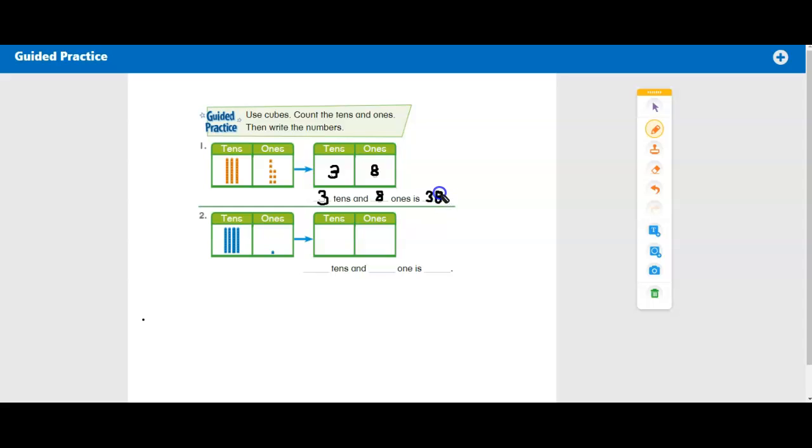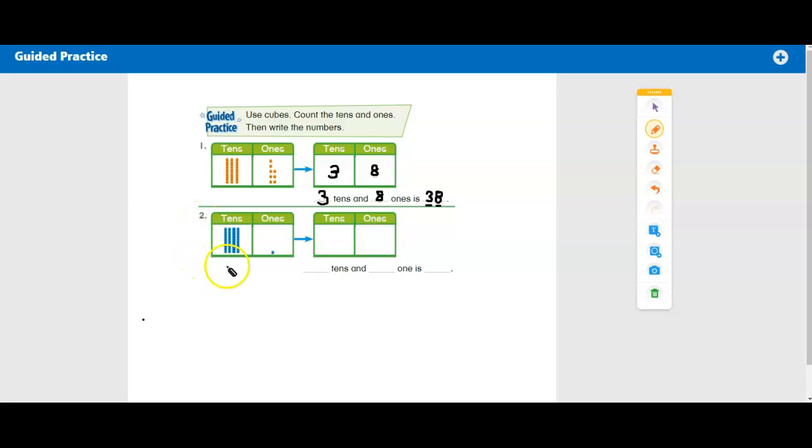When you look at the number 38, in the ones place, there are 8, and in the tens place, there are 3. Let's look at number 2 together.